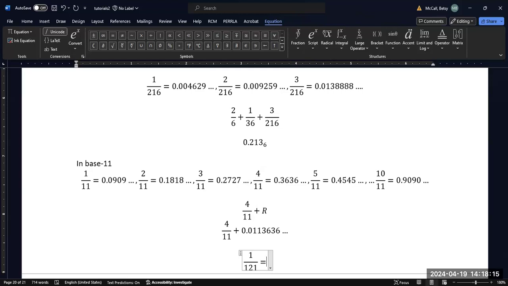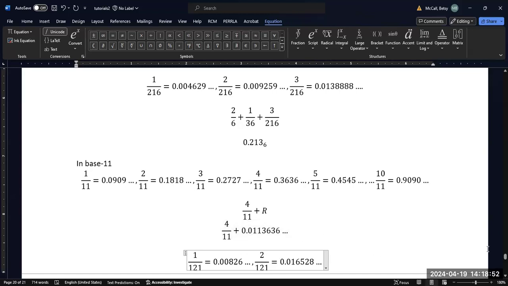And we need to find out how many of these we're going to need. So 0.00826... And then 2 over 121 is going to be 0.016528... And I'm already bigger than this number, even here.